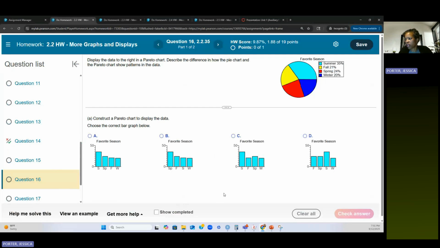Okay, so for this one, I'm going from a pie chart to a Pareto chart. What is going to be the correct bar graph or the correct Pareto chart for the data? SP is spring and S is summer. So summer, 35%, and then you said A, so spring is next.